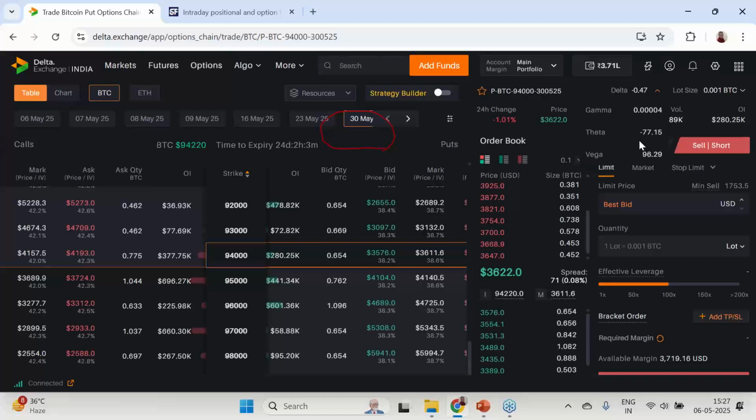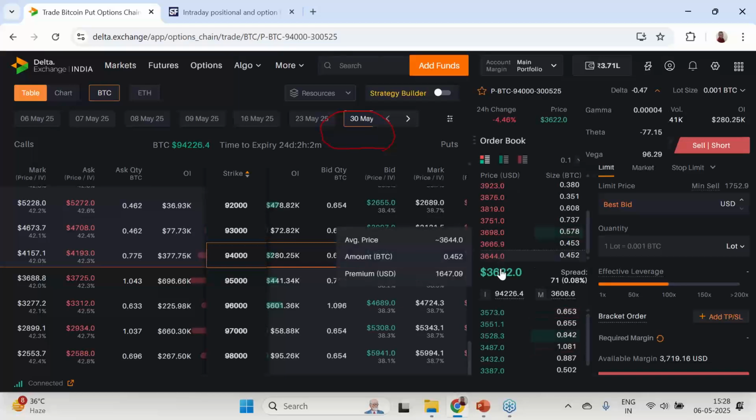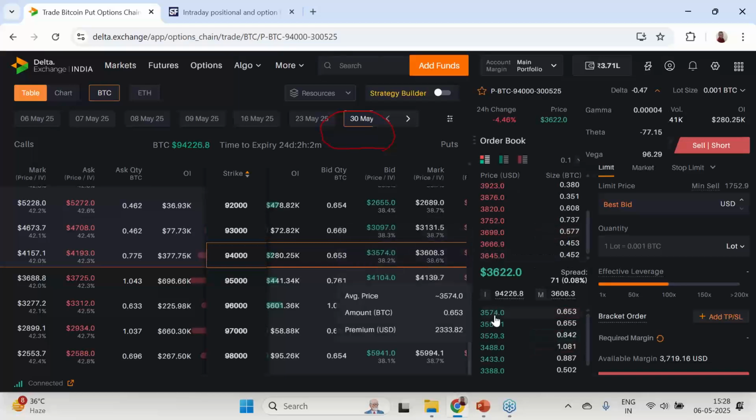So this is the theta, $77 per day. It is a 24-hour market, however by 12 midnight of today, it should decay $77.